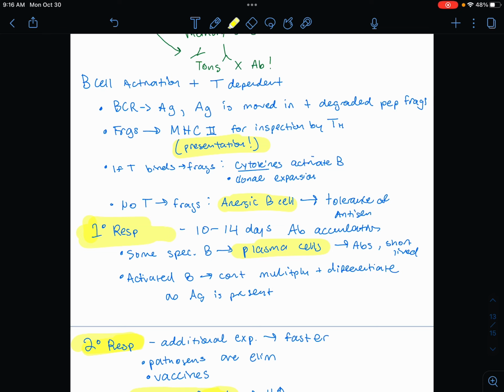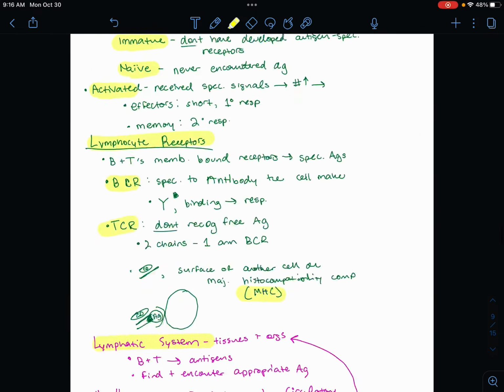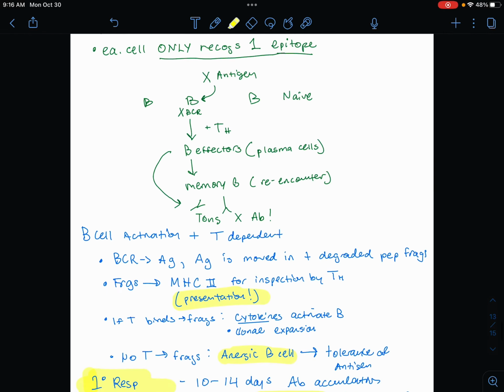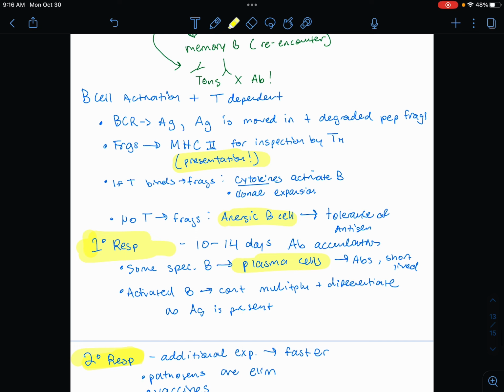We're going to get the fragments that are degraded, and then the fragments are going to be displayed on this cell by the MHC2, the major histocompatibility complex. And then those are going to be recognized by the helper cells, TH, through the TCR, the receptor.